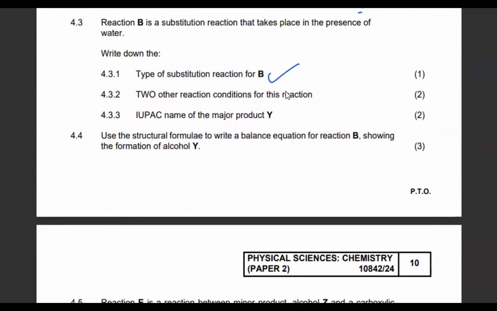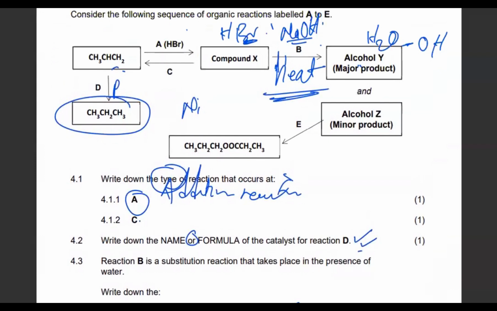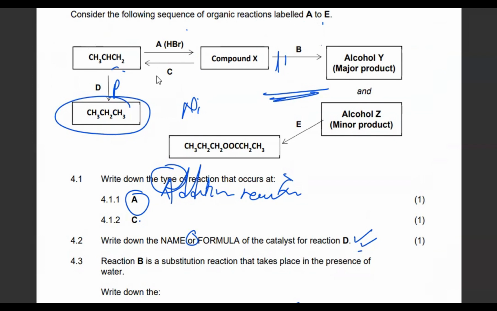So this is done. Then the IUPAC name of compound Y. Since this one is going to follow the Markovnikov rule when it is forming, the bromine is going to be here, with CH3. So the compound is going to be CH3, CH, CH3, and then an OH there.